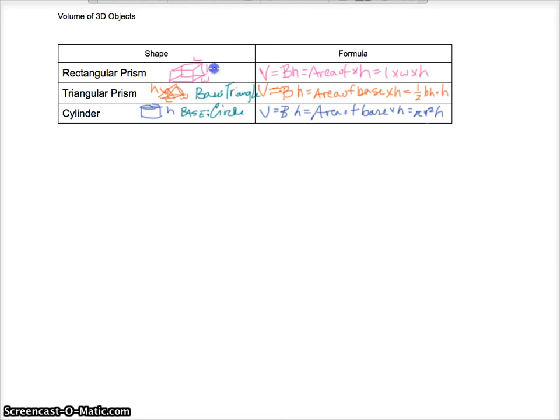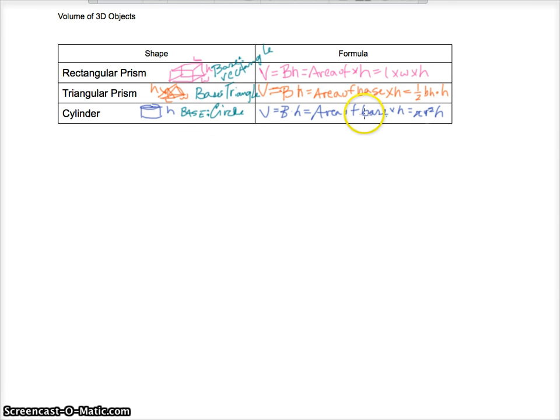And the base of a rectangular prism is a rectangle. It's important to note this so that when we're finding the area of the base, we know that it's a rectangle. We know whether it's a triangle, we know whether it's a circle.